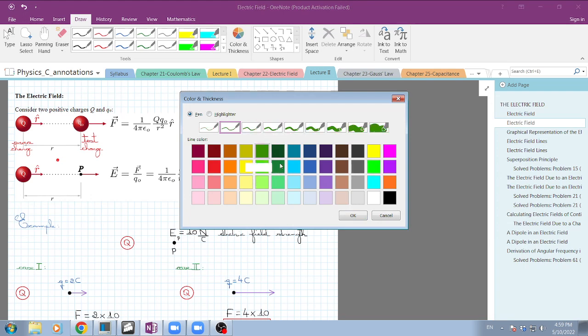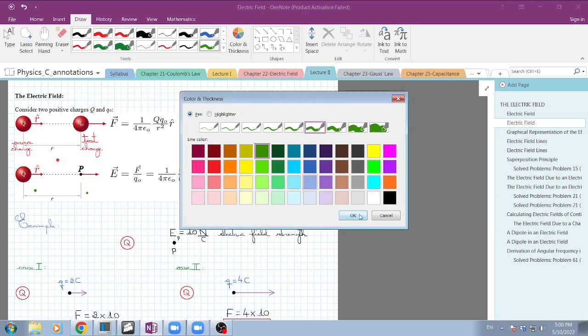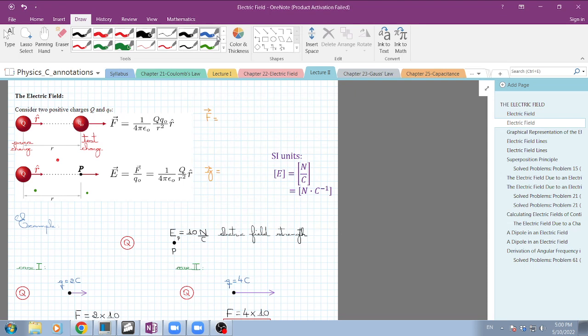Let's change colors a little bit. Let's say I have a point here and a point here. I'm only representing in 2 dimensions, but this is a 3-dimensional effect. The field is really a 3-dimensional phenomenon.